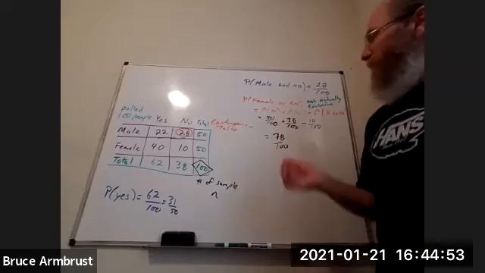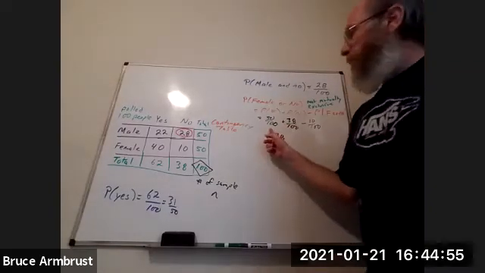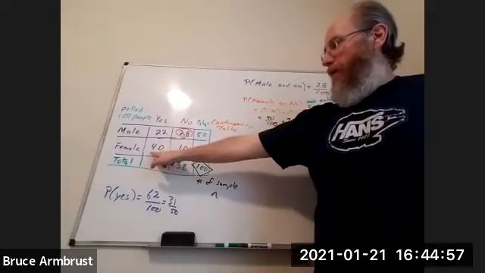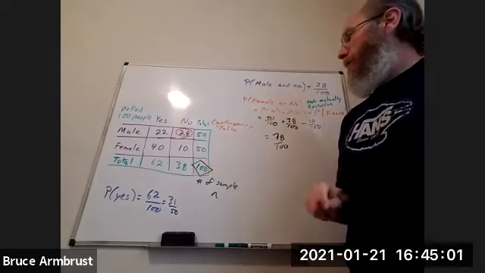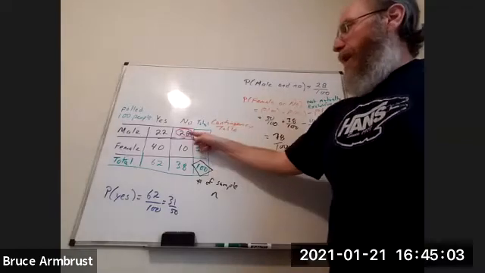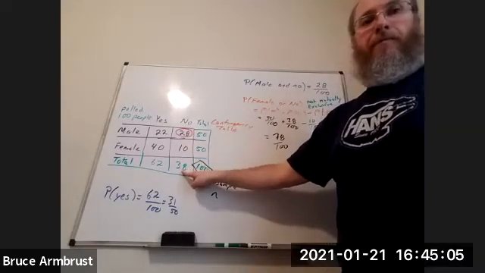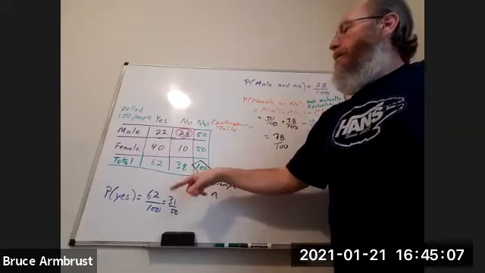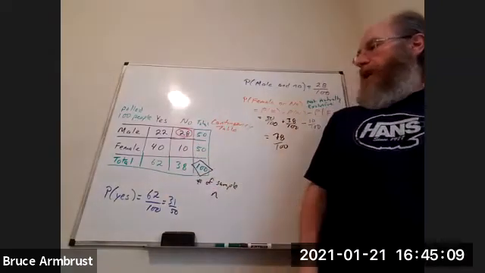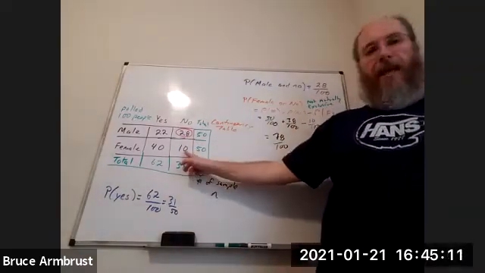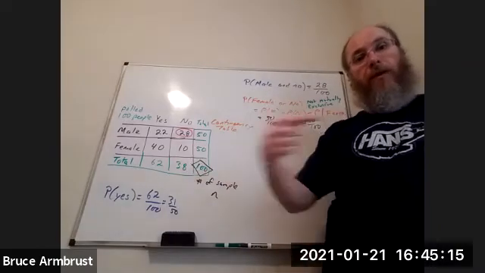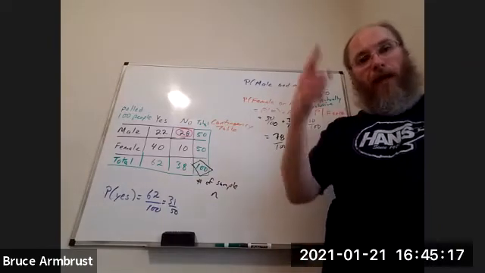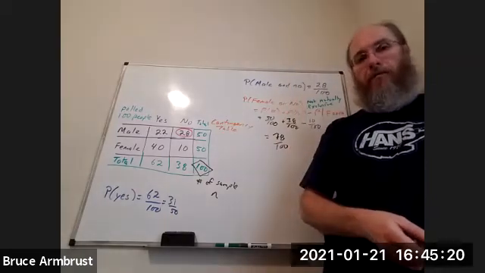Well, check this out. So think about that 50. That 50 came from adding the 40 and the 10. Right? That's how we got that 50. The 38 came from adding the 28 and the 10. And so if I add those together, I actually counted that 10 twice. I counted it once as I went across the row, and once as I went down the column.